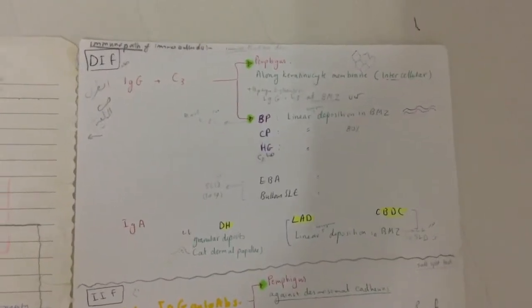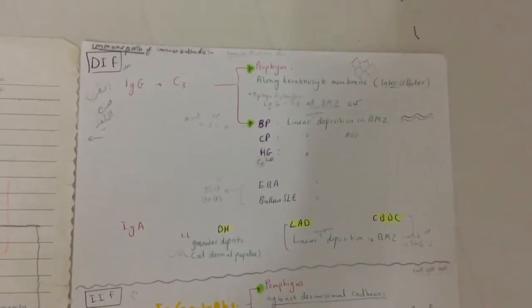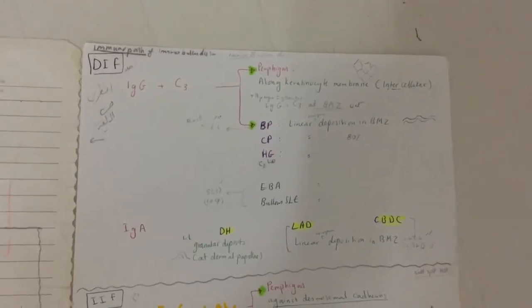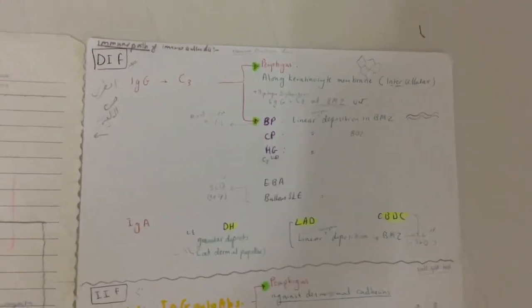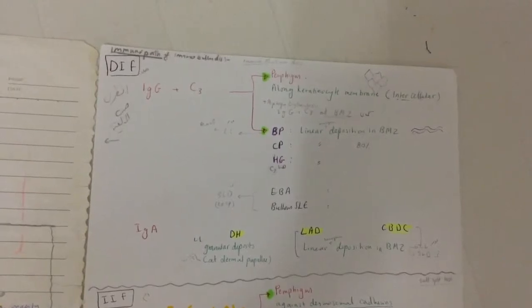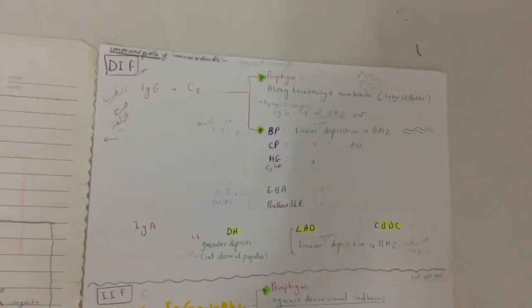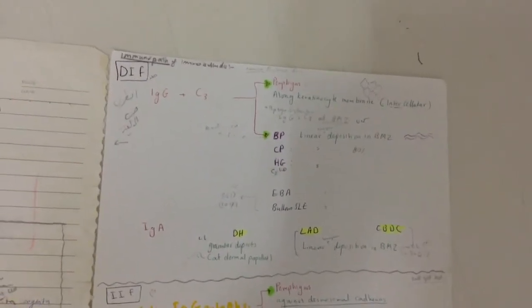In bullous pemphigoid, cicatricial pemphigoid, herpes gestationis, epidermolysis bullosa acquisita, and bullous systemic lupus, there is linear deposition of immunoglobulin G and complement 3 in the basement membrane zone. What about immunoglobulin A dermatosis? There is deposition of immunoglobulin A, granular deposits at the dermal papillae in DH, and linear deposition in the basement membrane zone in linear IgA and chronic bullous disease of childhood. This is the direct immunofluorescence.